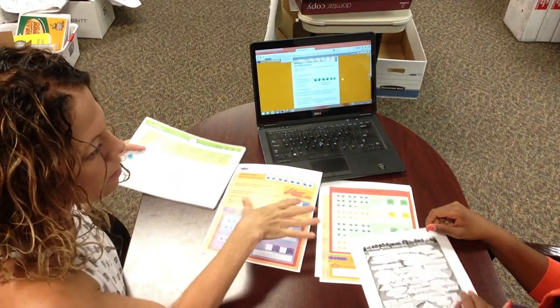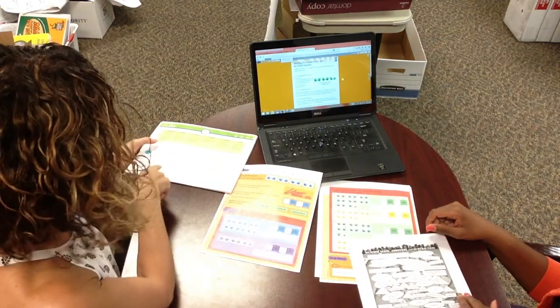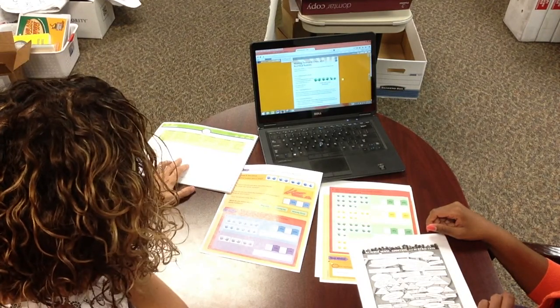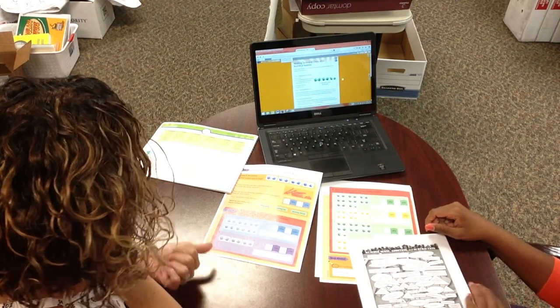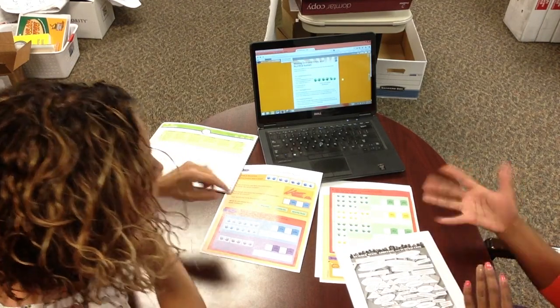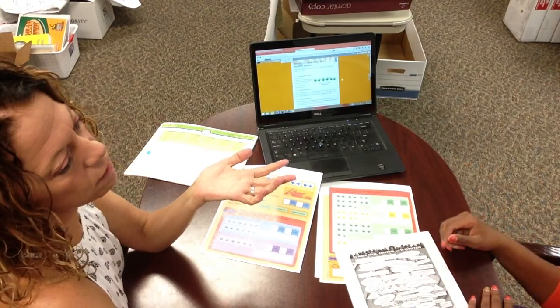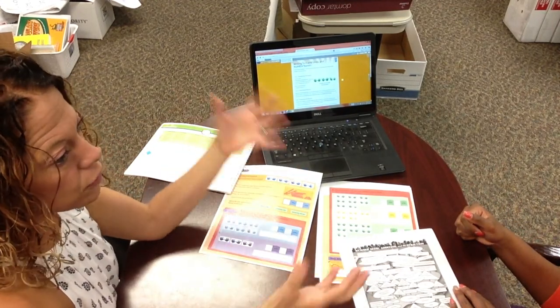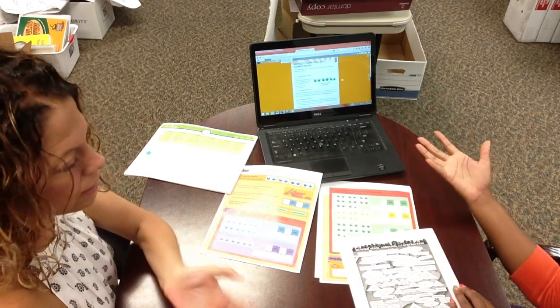Obviously, this lesson is not doing all of that today. But we are going to be looking at the standard part, the word part, and the expanded part, or close to it at least, just naming that number of tens, not in expanded form, but being able to see that this number is made up of groups of 10 and leftover ones.